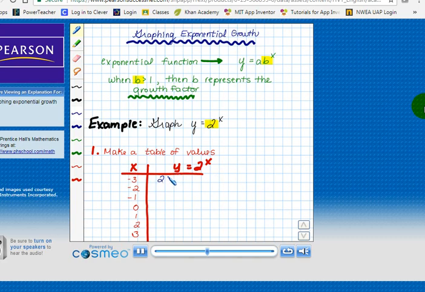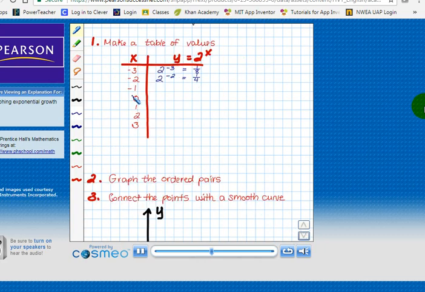Y is going to be equal to 2 to the -3 power, which is equal to 1/8. If we substitute in a value of -2 for x, then we'll have 2 to the -2 power, which would be equal to 1/4. I want you to take a minute and complete this table. Go ahead and take each of the remaining values for x and solve for the corresponding value for y. When you've completed that task, just click continue at the bottom of the screen to check back in.